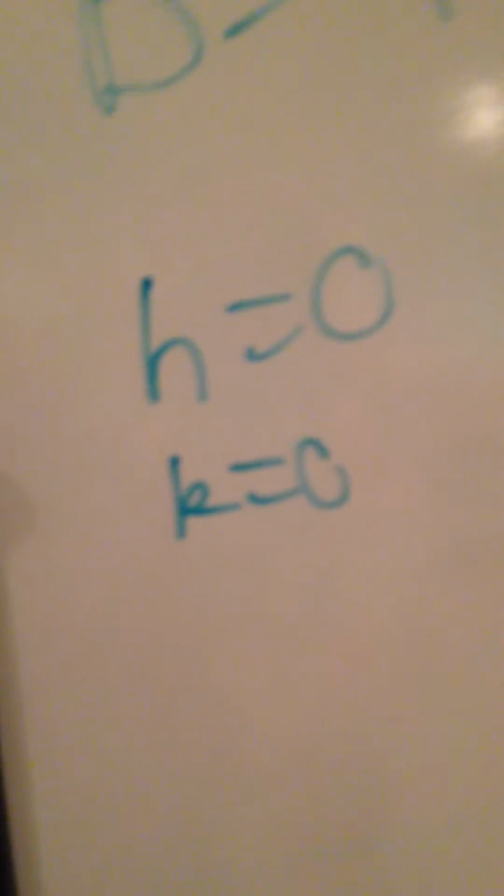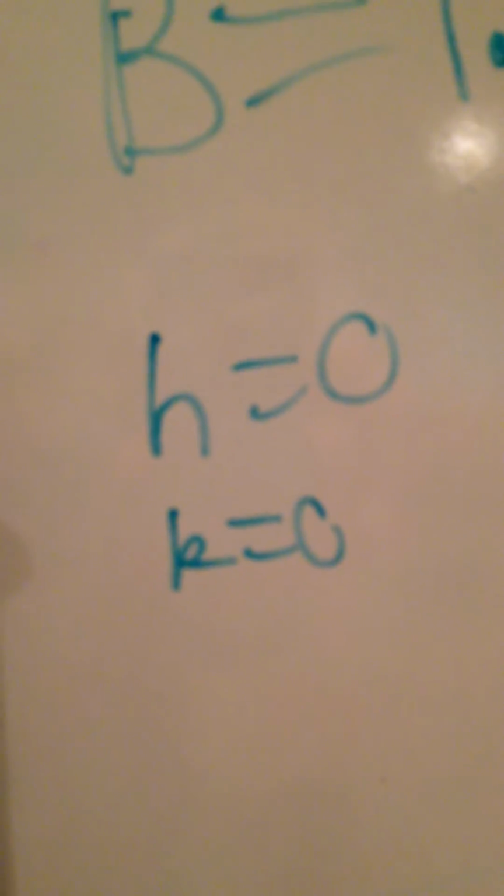So, the center being 0, 0 tells us that in the equation, the h value and the k value are both 0.